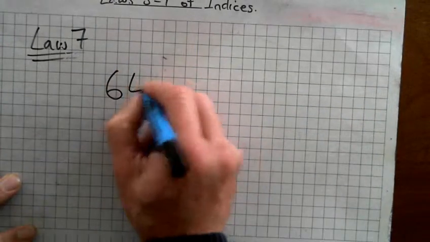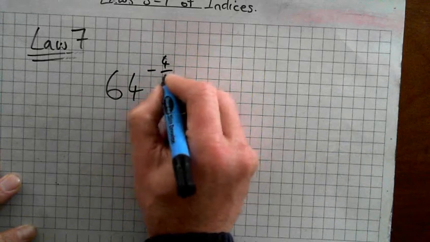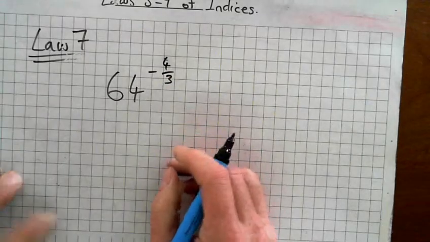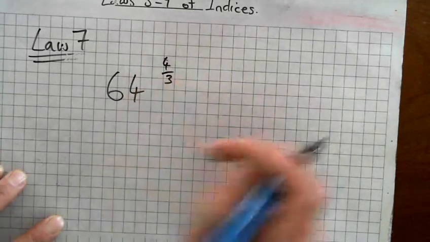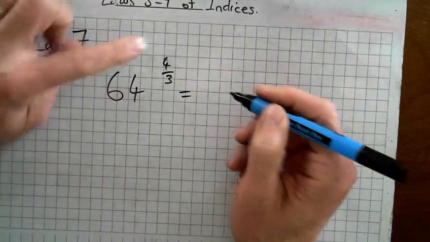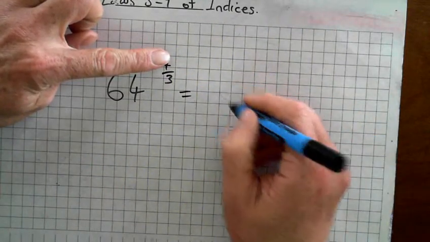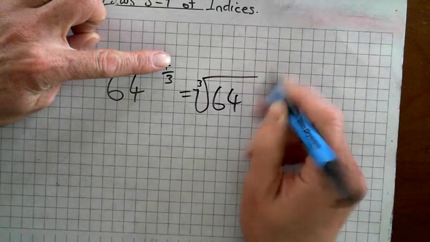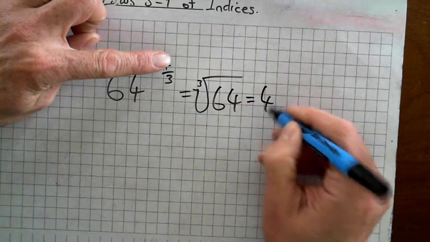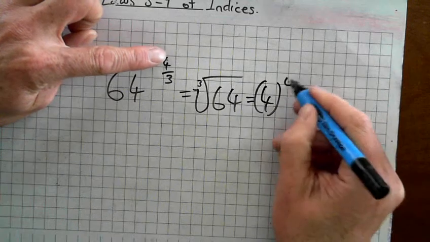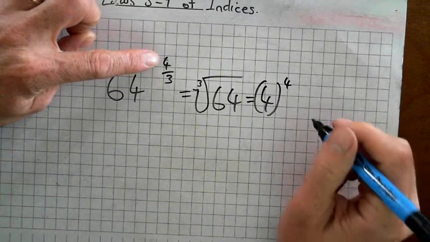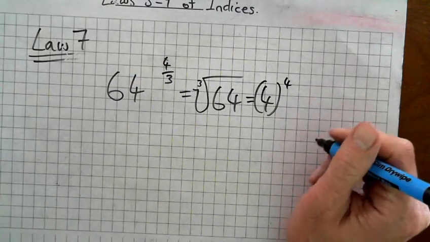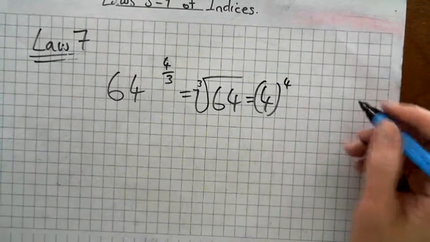Right, we'll do one more example. 64 to the power minus 4 over 3. What do I do first? Forget about the minus. I'll work it out. First of all, pretend that's a third. So the third root of 64 is 4, to the power of 4. 4 to the power of 4 is 64 times 4.